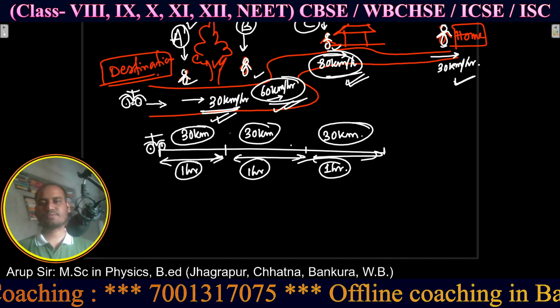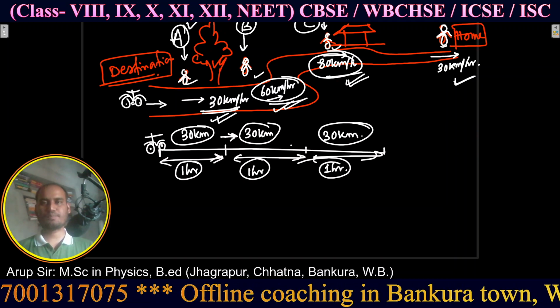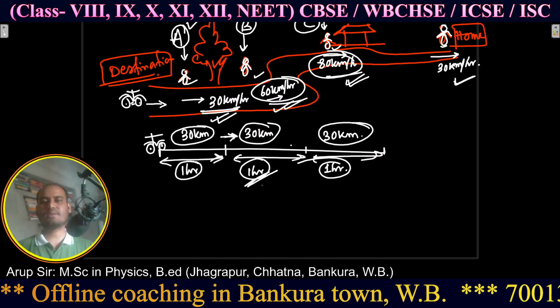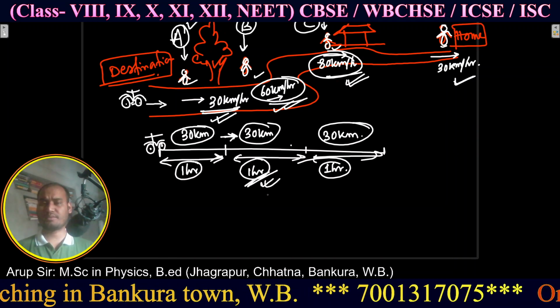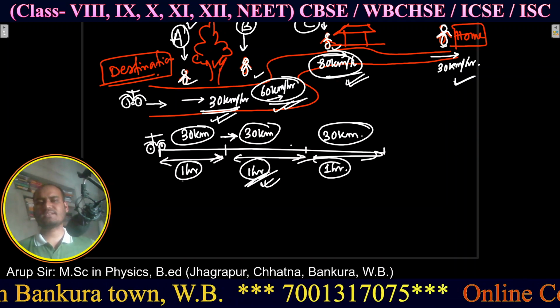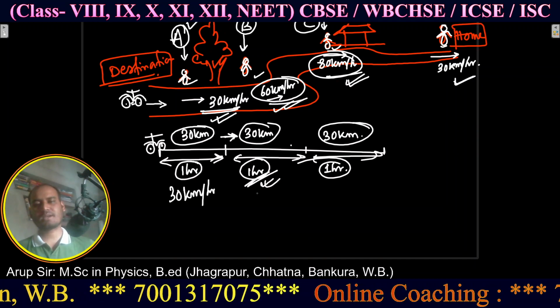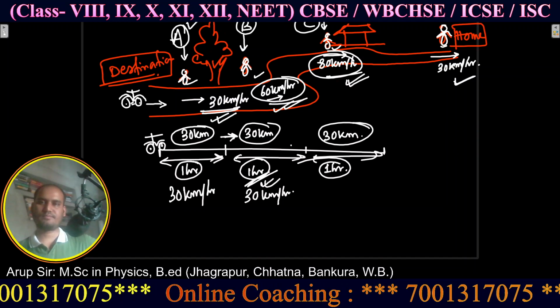If for this path he is riding the bike with more speed, his time will be less for that condition, but here the time is equal. 1 hour, 1 hour, 1 hour means the speed is constant, 30 km per hour in each case. So it is known as uniform motion.